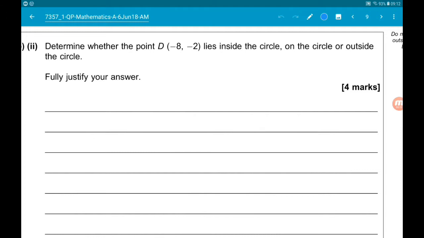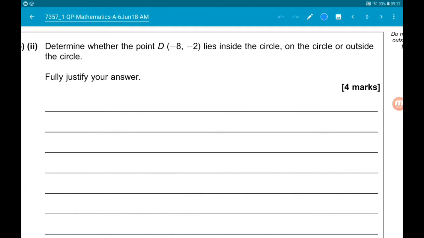So what will determine that for us is if we know the radius of the circle and the centre of the circle, and we find the distance from the centre to point D. If that is less than the radius, it's inside the circle. If it's equal to the radius, it's on the circle. And if it's greater than the radius, it's outside the circle.